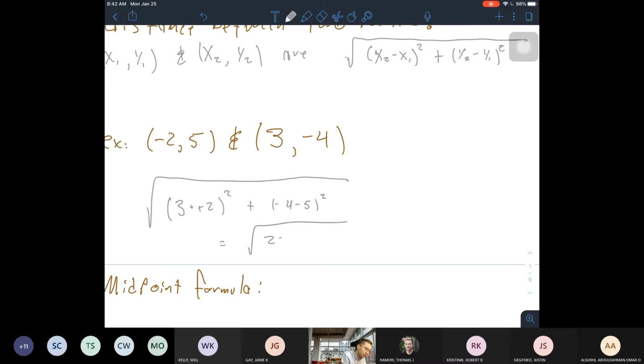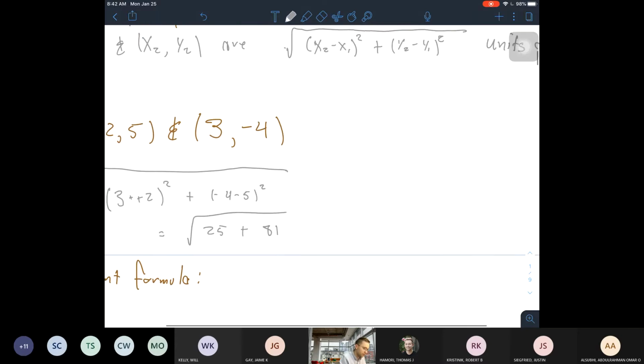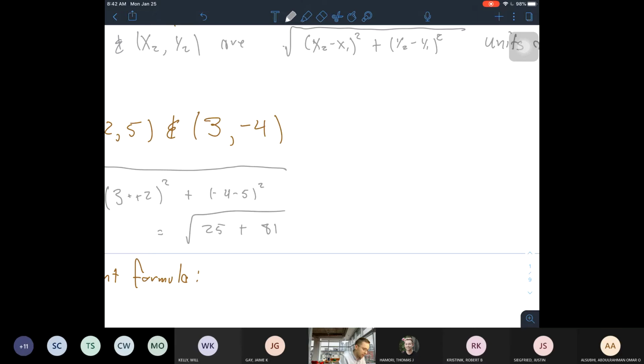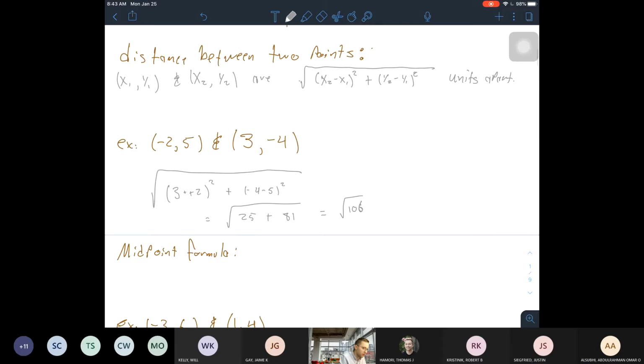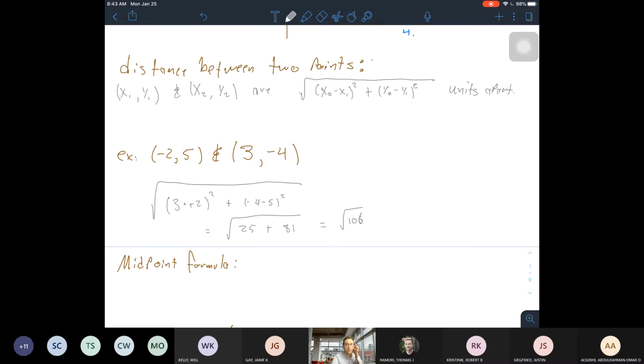So square root of 25 plus 81, which should be -9 squared. So we add these two numbers, and what do we get? Like 106. And 106 could be 53 and 2. I think that's irreducible. Okay, so that's how we apply the distance formula. Any questions about finding the distance between 2 points?